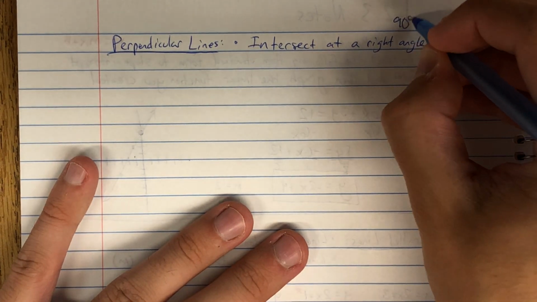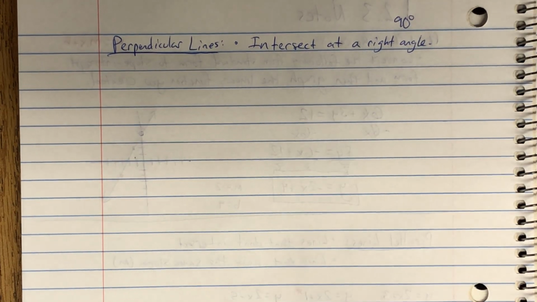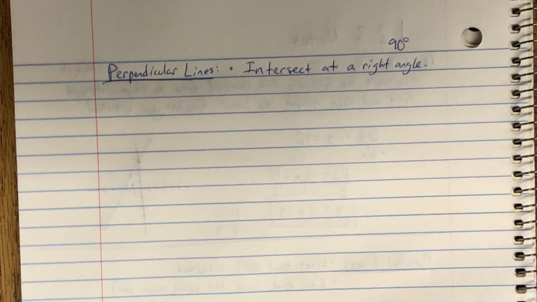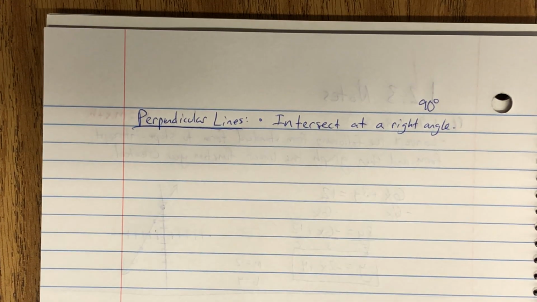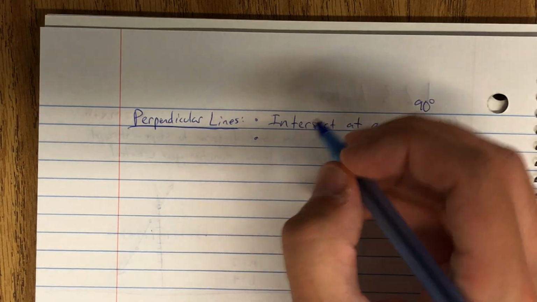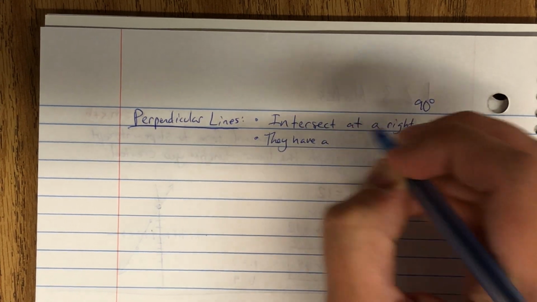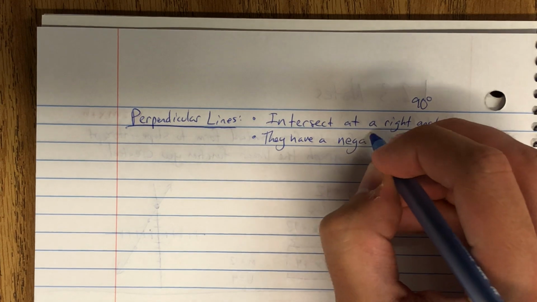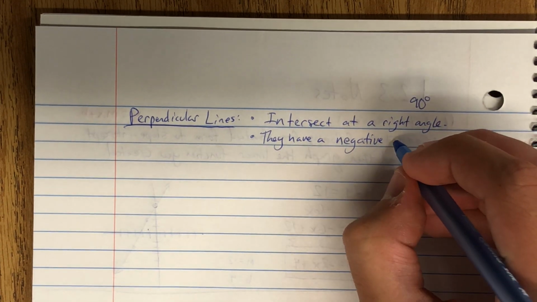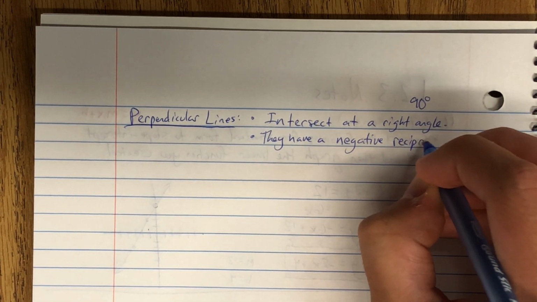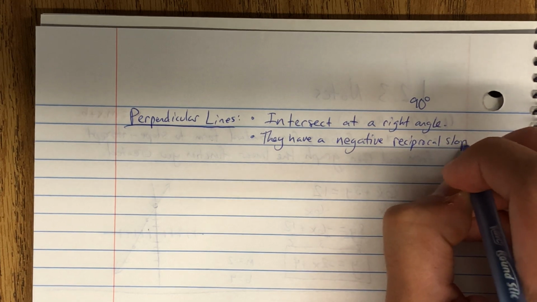Remember, a right angle is 90 degrees. In terms of their equation, they have a negative reciprocal slope.